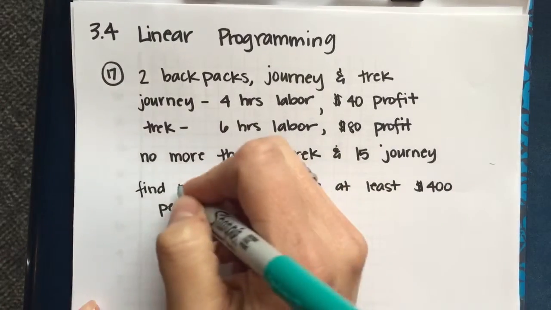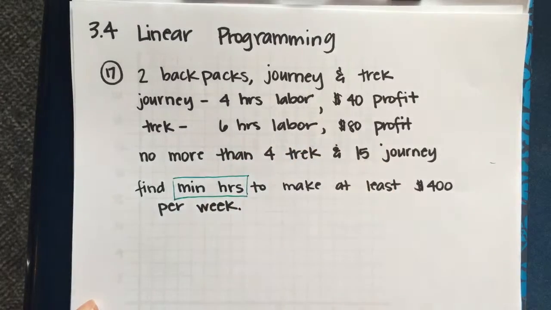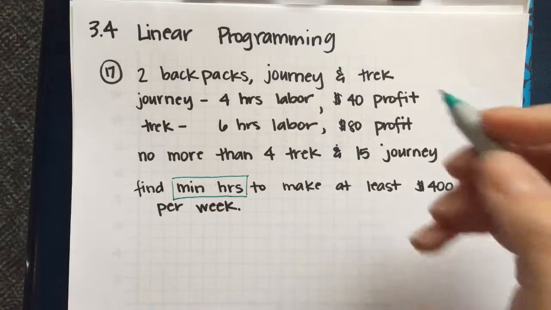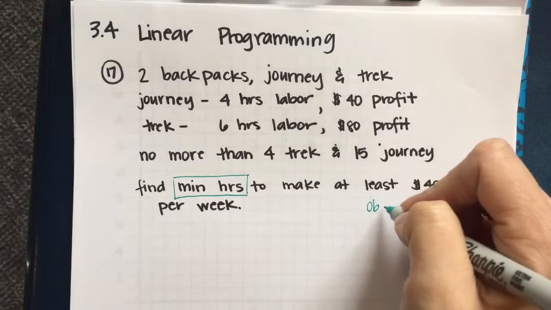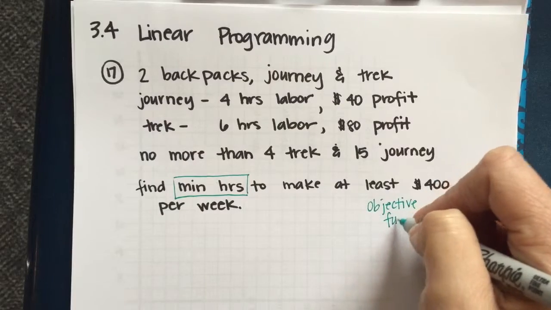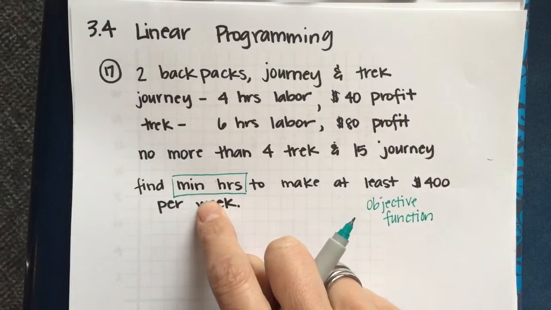So remember, we're looking for what we want to minimize or maximize. Right here, we're going to minimize the number of hours. That means that is the objective function. So anything that has to do with how many hours it takes is going to go in the objective.